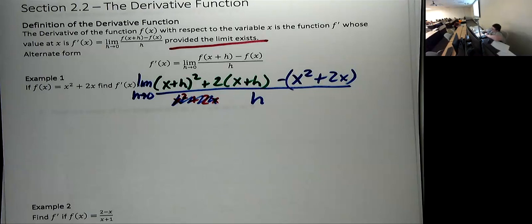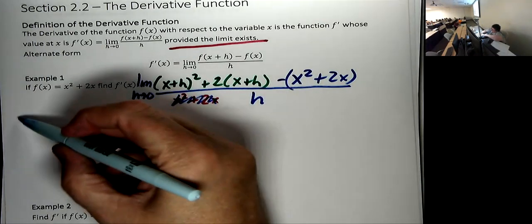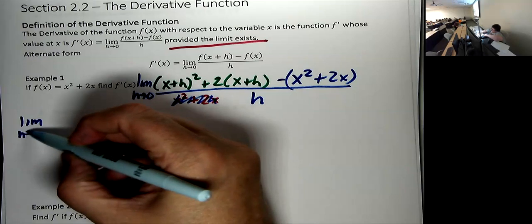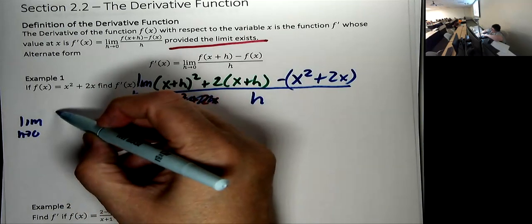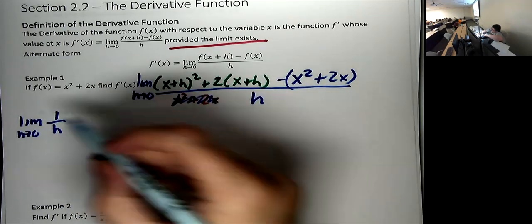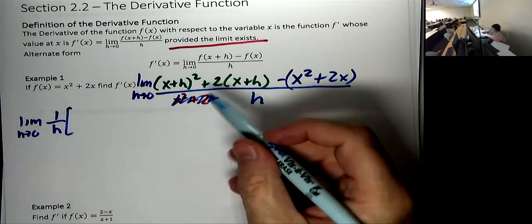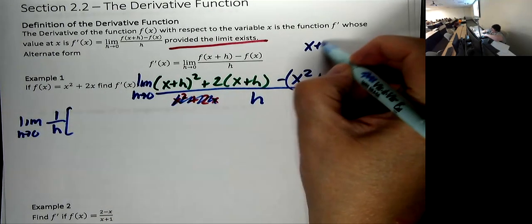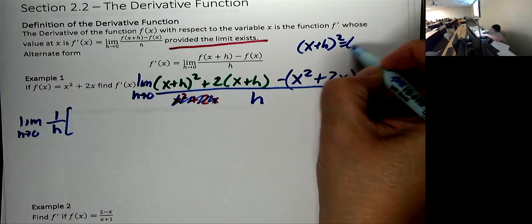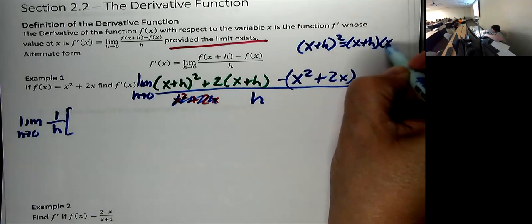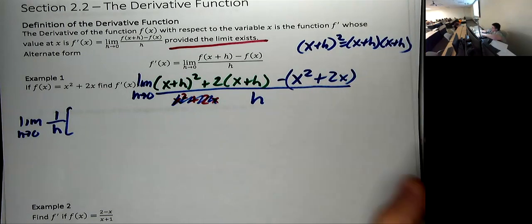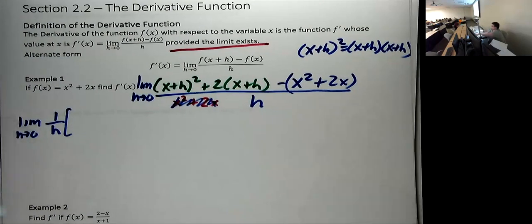All right, so we got to figure this out. I got limit as h goes to 0. I'm going to move that over h to the front as 1 over h. X plus h squared. Remember, you got to write it out. I've seen Calculus 3 students mess this up repeatedly.